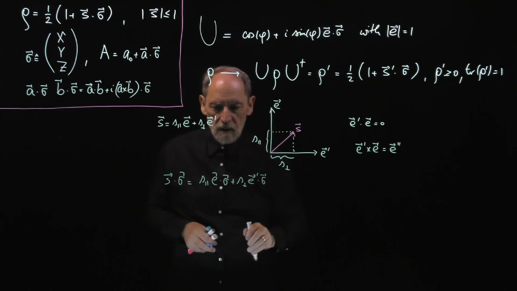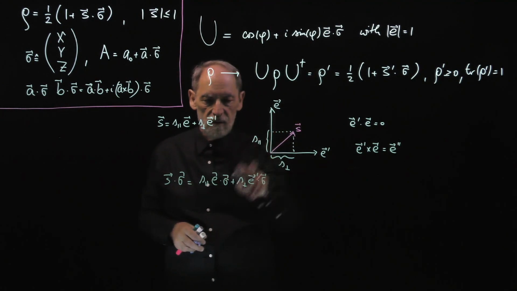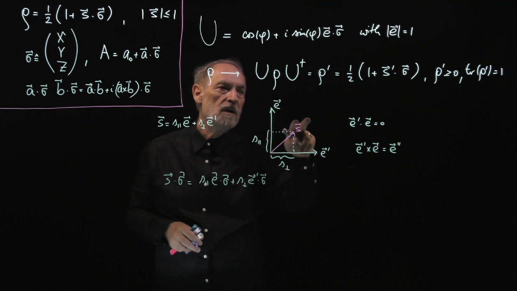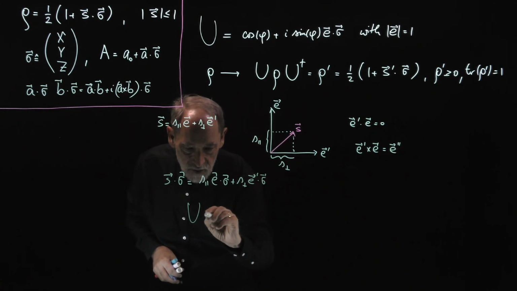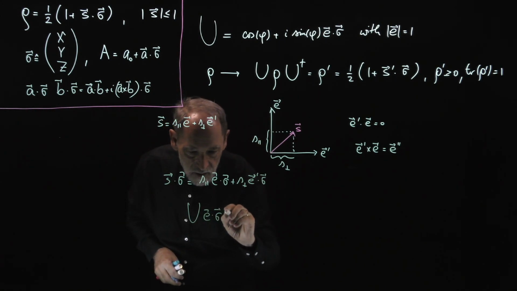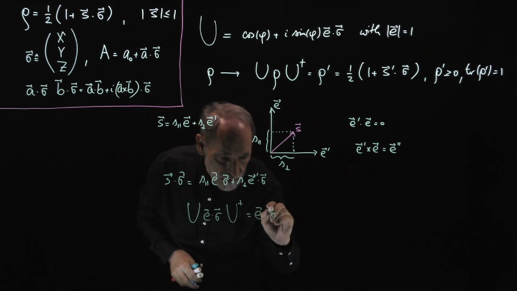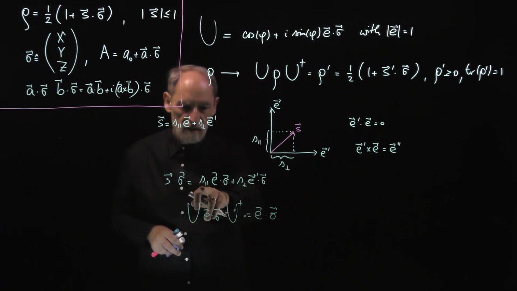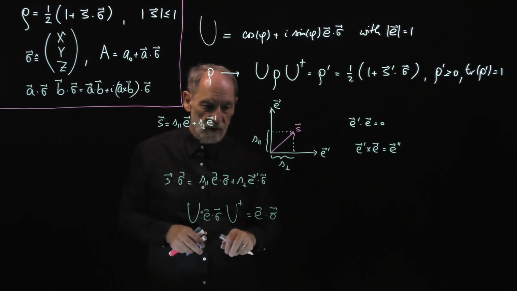And really, the E dot sigma, well, that's just E dot sigma. So the E dot sigma commutes with U. And so if I look at the transformation of U applied to E dot sigma and then U adjoint, well, that's just E dot sigma again. So which means that this parallel component will not be affected, but the perpendicular component will be affected.